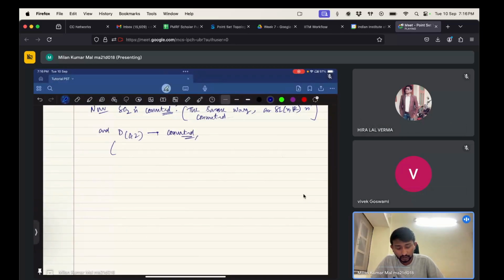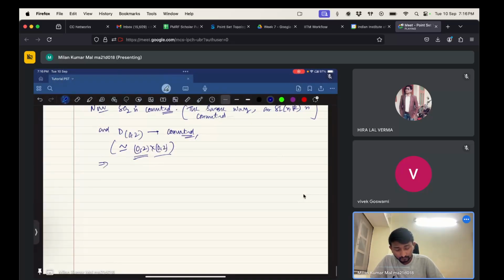We can write this as 0 to 2 cross 0 to 2, because I can take x1 from 0 to 2 any point, x2 from 0 to 2 any point. That means this is actually the product topology of the interval 0 to 2 two times. And as 0 to 2 is connected, the product topology will be connected. So this is connected. That means SO2 cross D0 to 2 is connected.